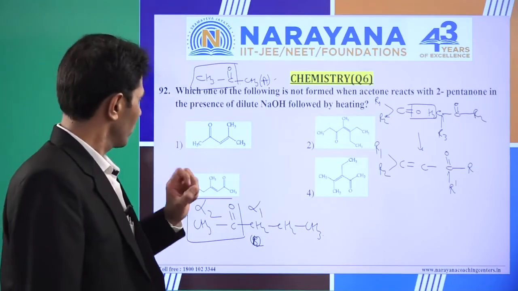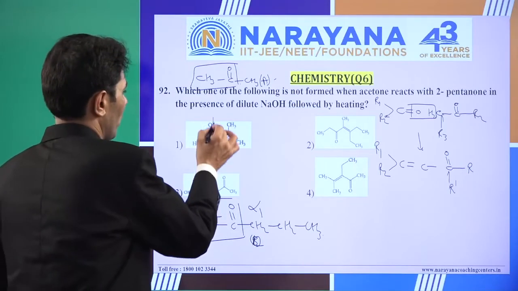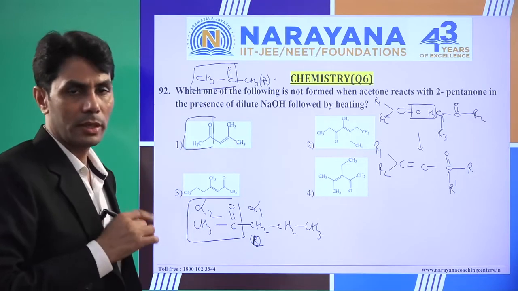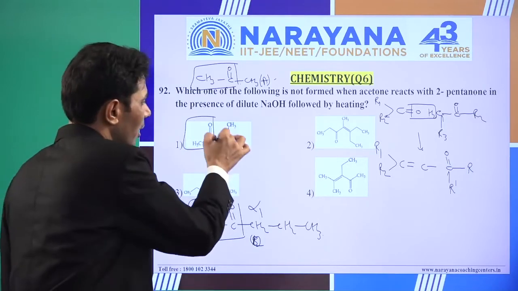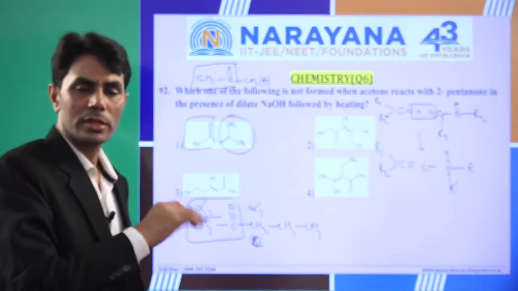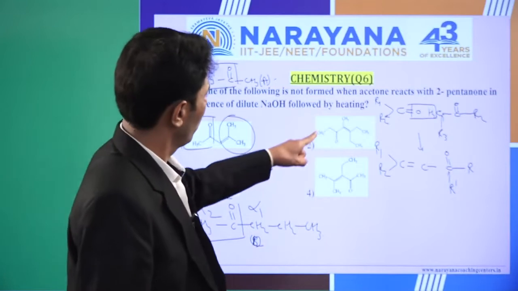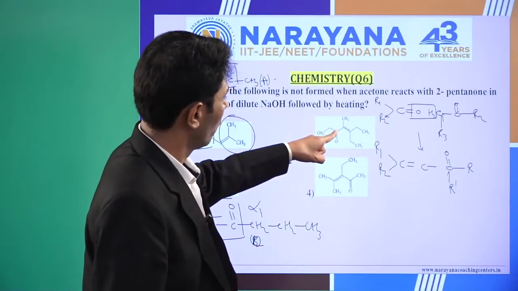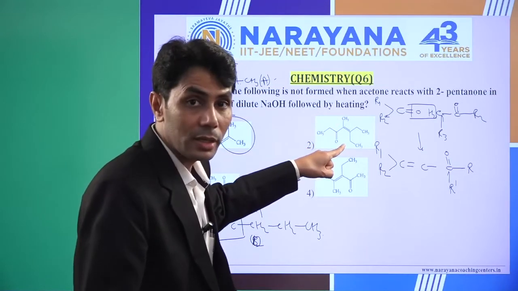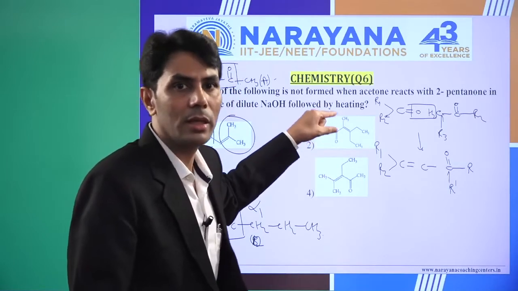So, if we observe this in the first option, yes, we have methyl. It can be formed. On the second carbon, we have pi bond also. Means both the conclusions are satisfied here. Come to here. 1, 2, 3. Oh, on the third carbon we are getting oxygen. It is not methyl keto, it is ethyl keto.